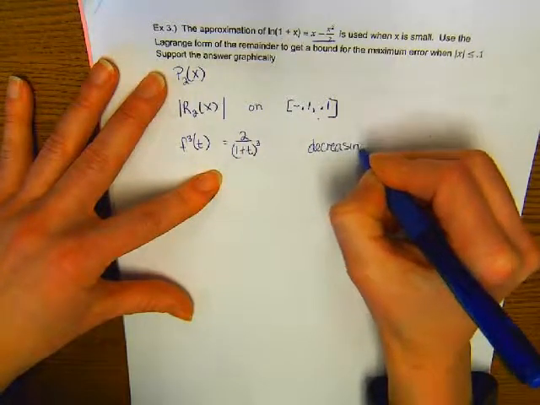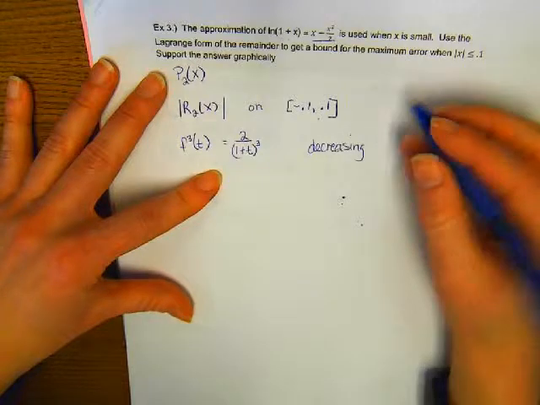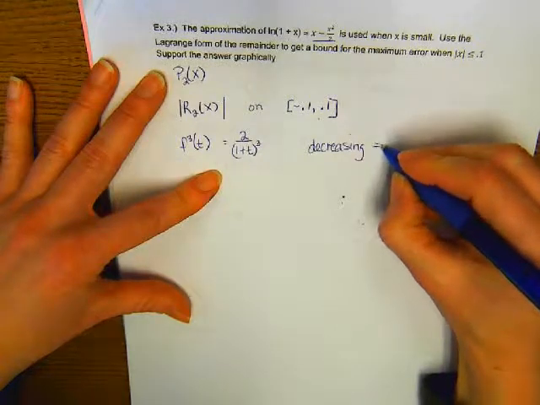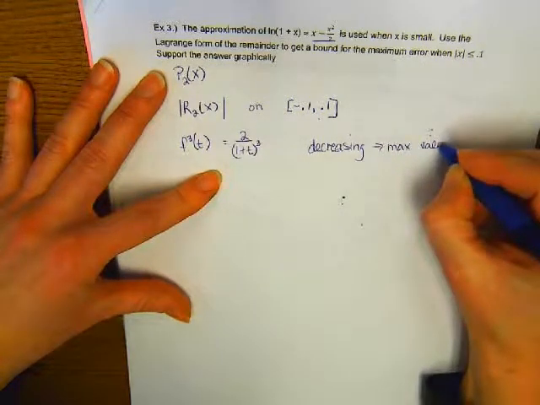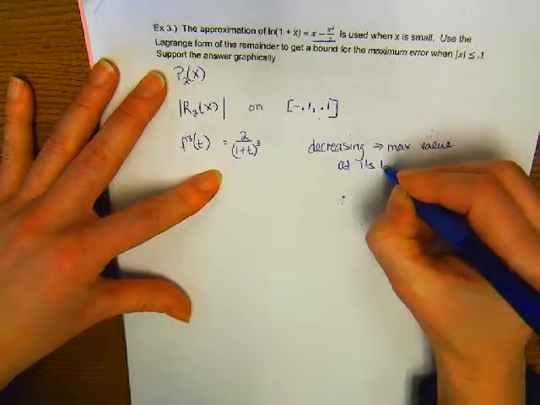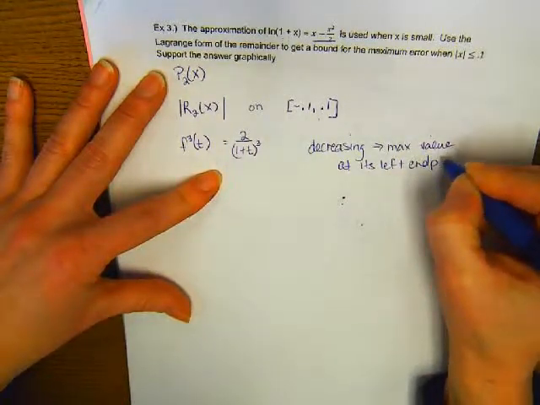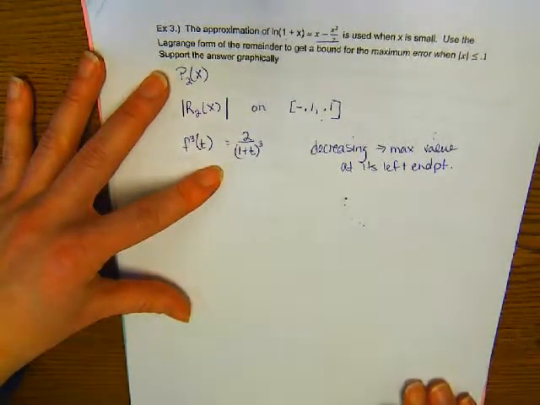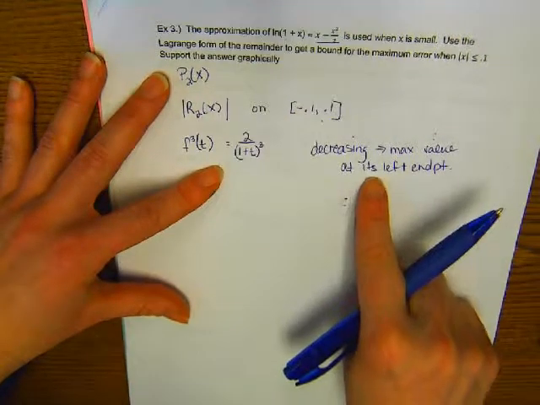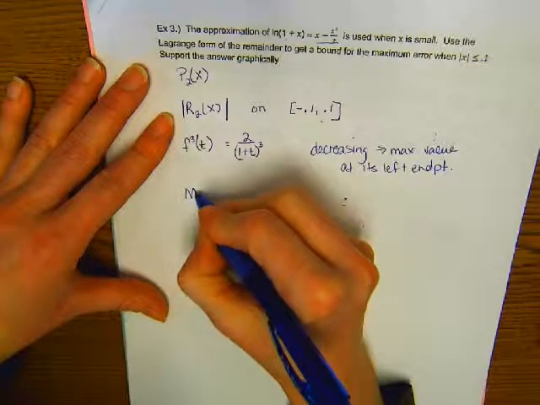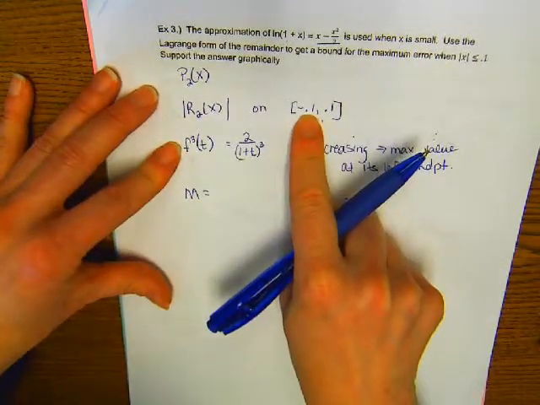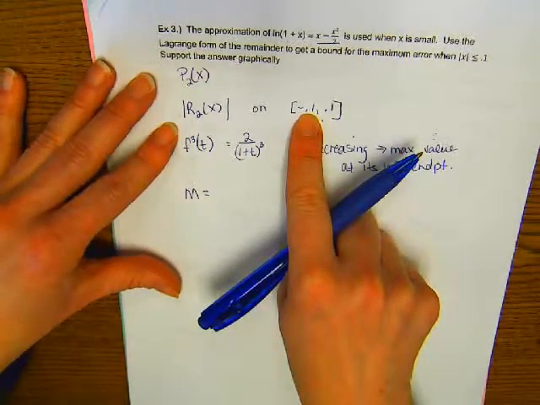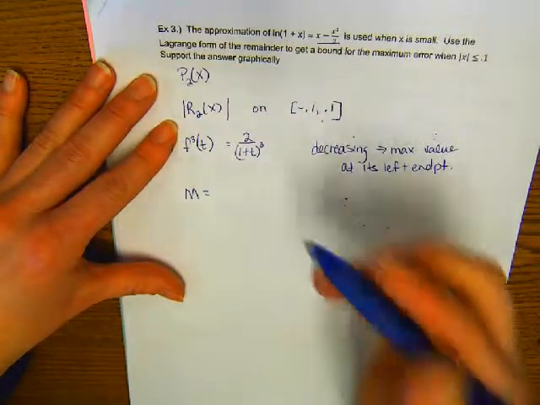So it's decreasing, and therefore on any closed interval it would have a max value at its left endpoint. Okay, and so when we pick that capital M that we were using with the remainder estimation theorem, we can use as our M, our maximum, whatever we get when we plug in that left endpoint, because that would then be a maximum bound for the remainder.